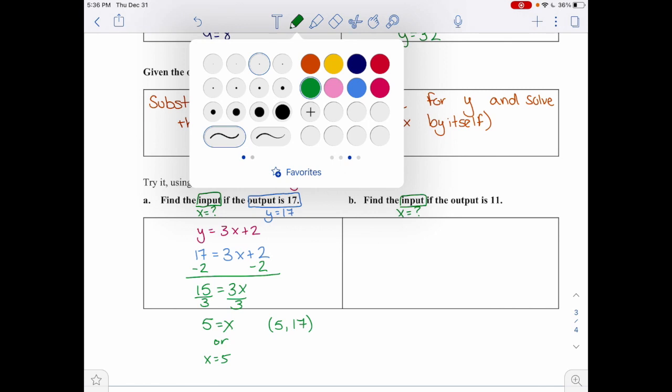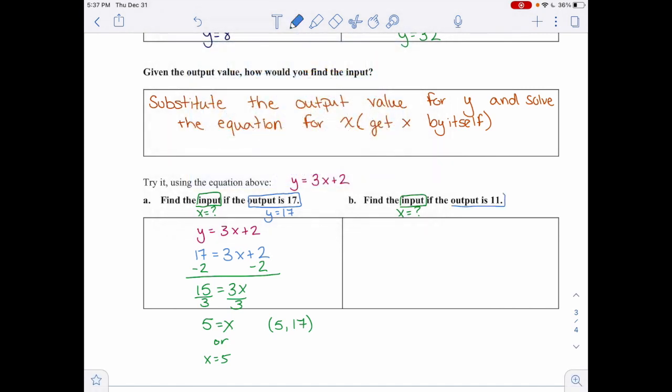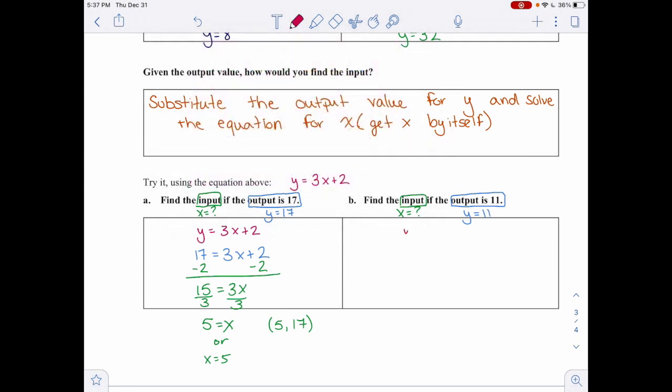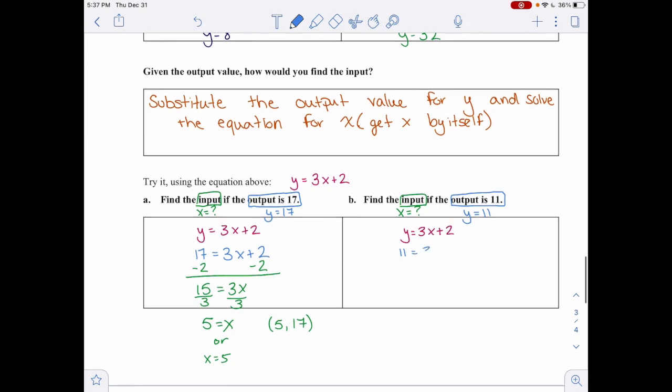If the output is 11, so they're telling us the y value is 11 here. Using this same equation from above, I'm going to have 11 equals 3x plus 2. I just replaced the y.